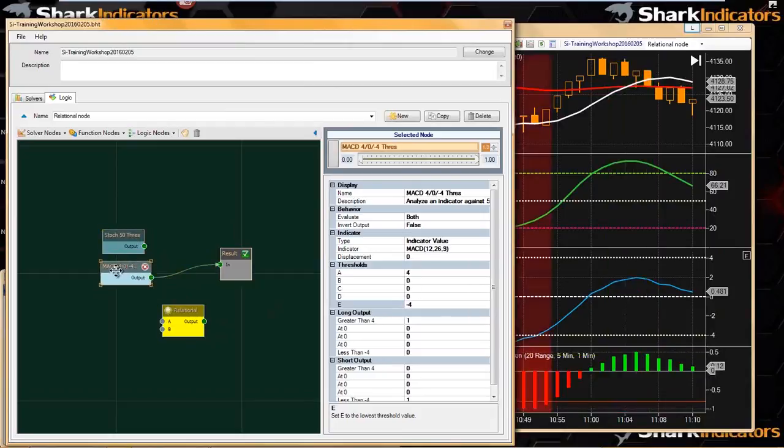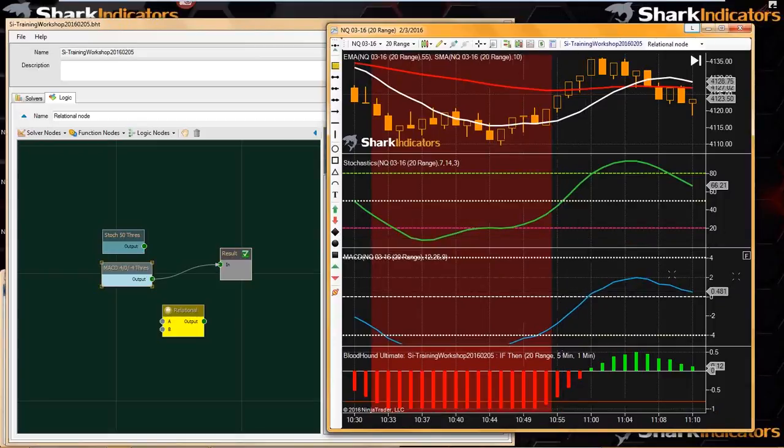And here's another one. This one looks at the MACD. I set this threshold solver up to look for when the MACD gets to a value of 4 or -4. So let's take a look here.